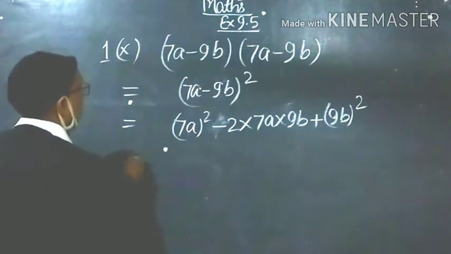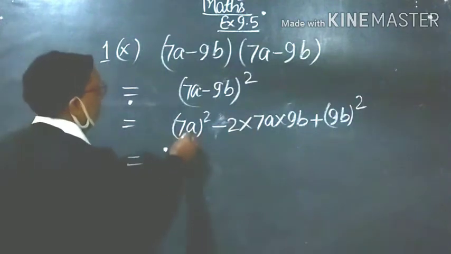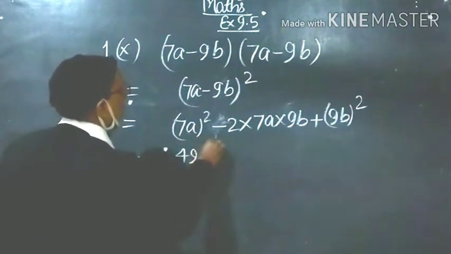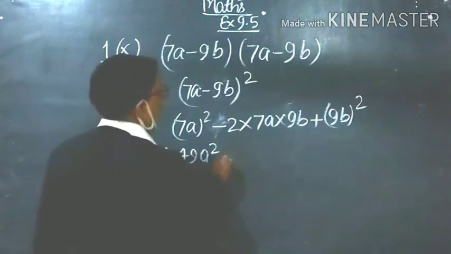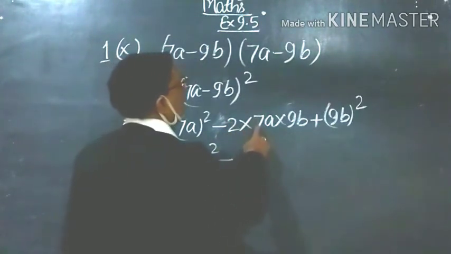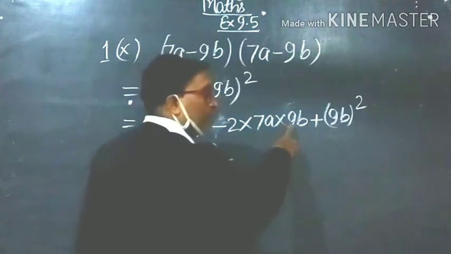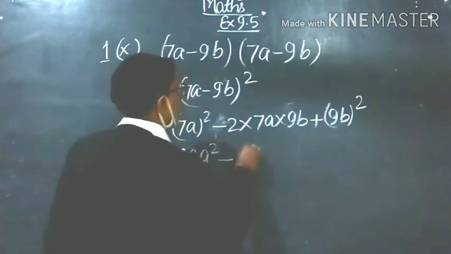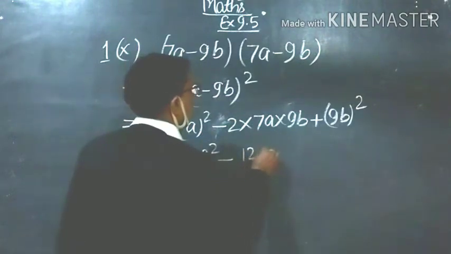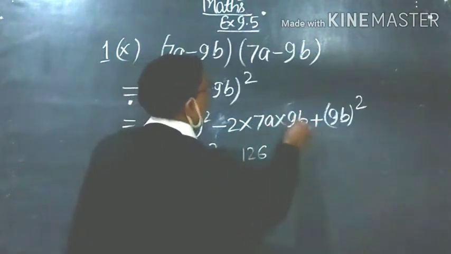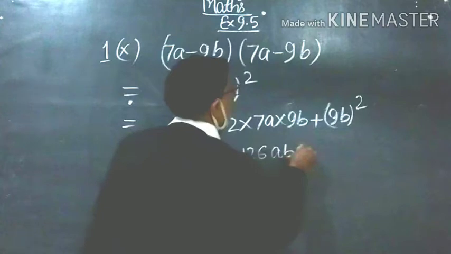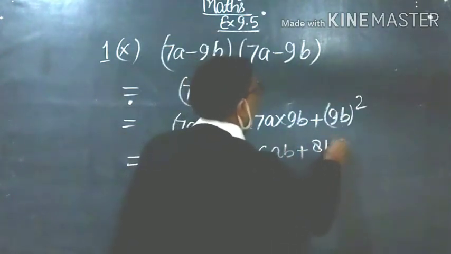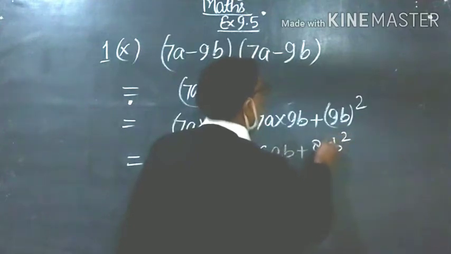Then you simplify the given expression. 7a into 7a is 49a square, minus 2 7s are 14, 14 9s are 126 ab, plus 9 9s are 81 b square.